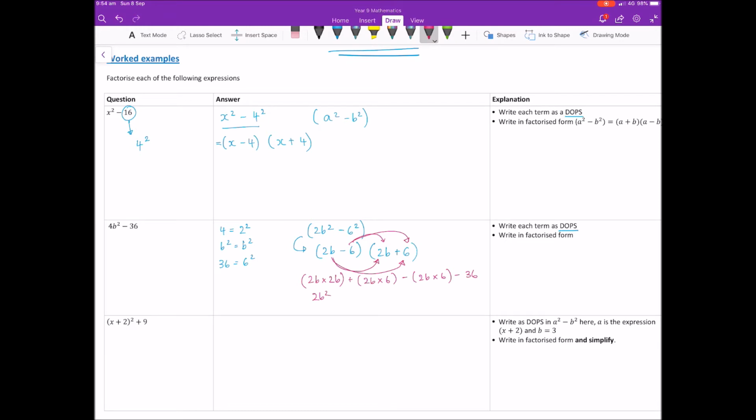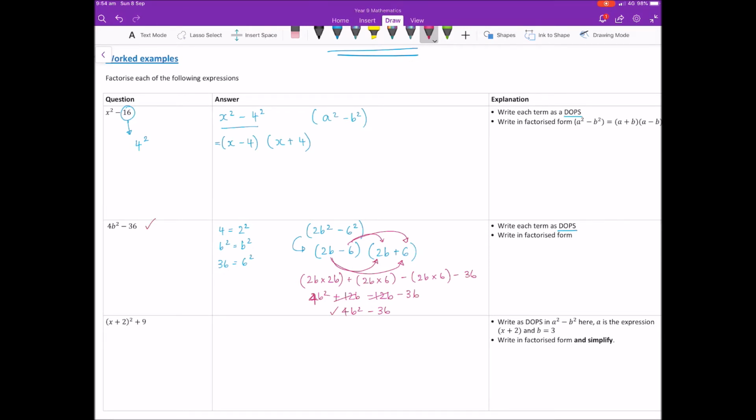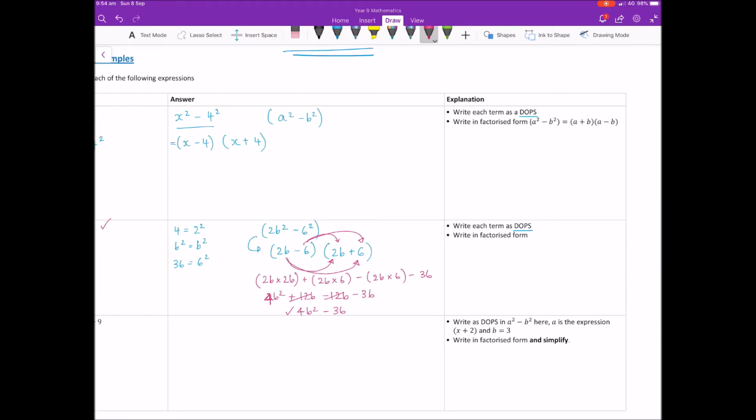So we get 4b squared plus 12b minus 12b minus 36. Then these two will cancel out, and that leaves us with 4b squared minus 36. Notice that that is the question itself, so we know that our factorized form is correct.